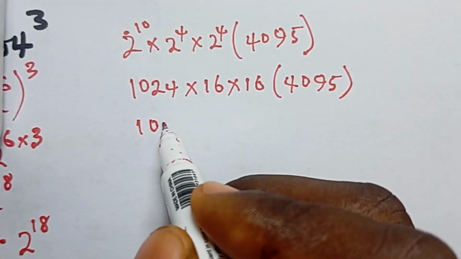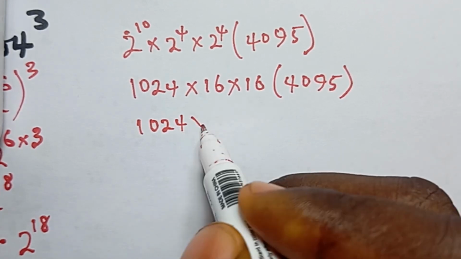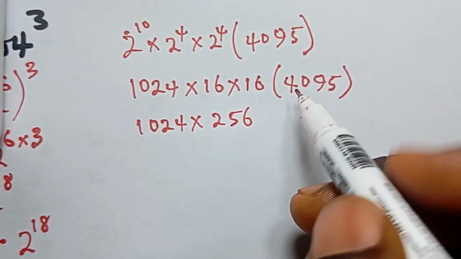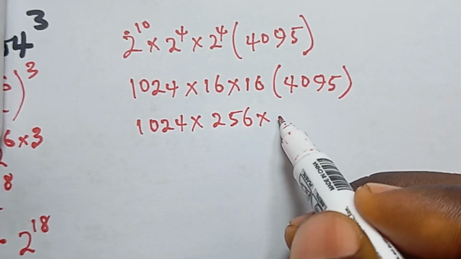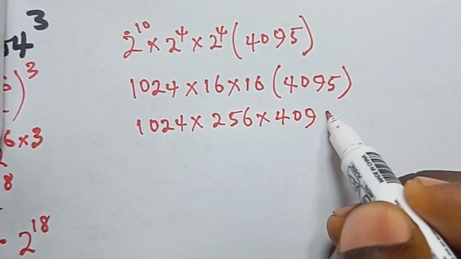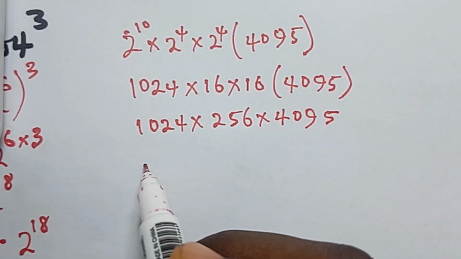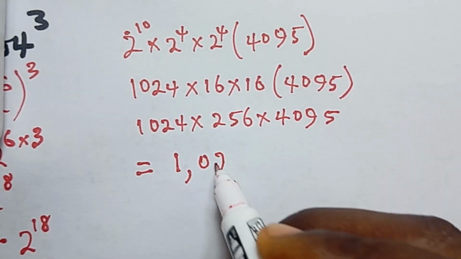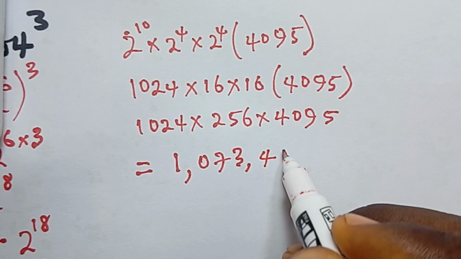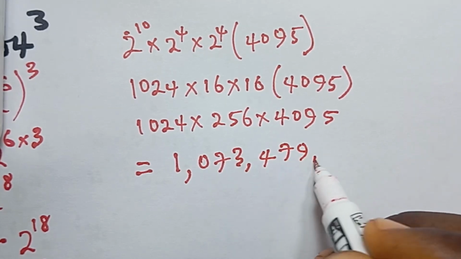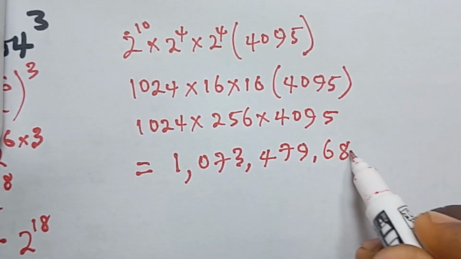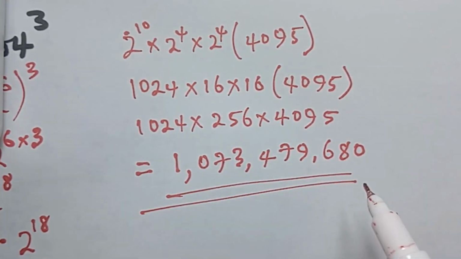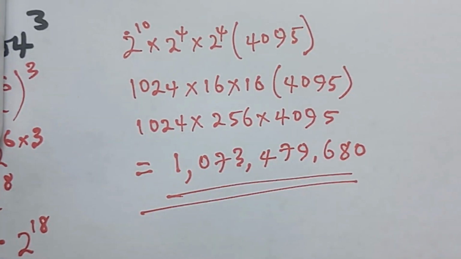So this is 1024 multiplied by 16 times 16, which is 256, and then multiplied by 4095. When you do all of this multiplication, what you are going to have is 1,073,479,680, and this is going to be the value of the expression we just solved.